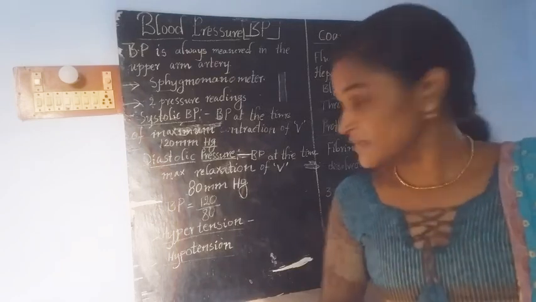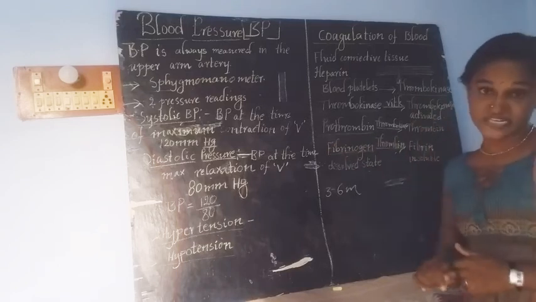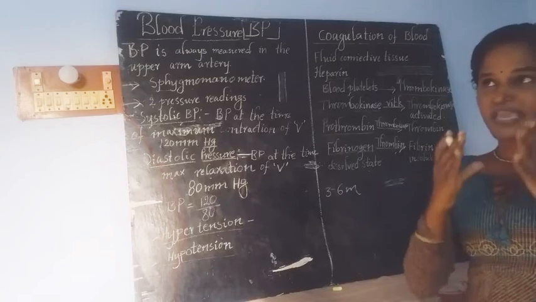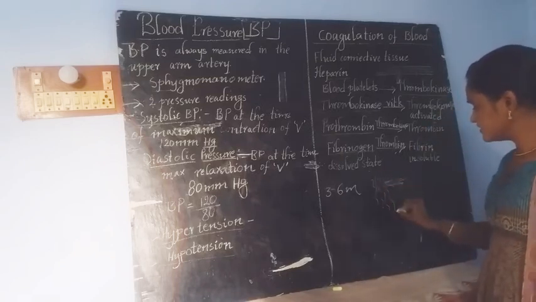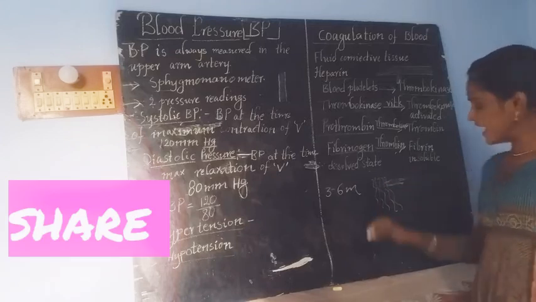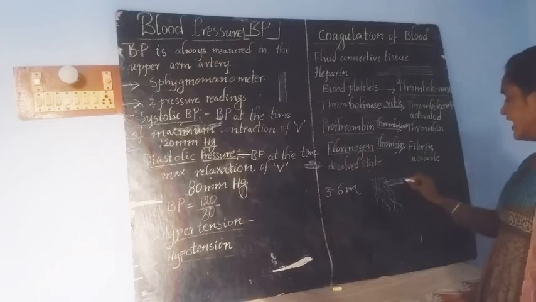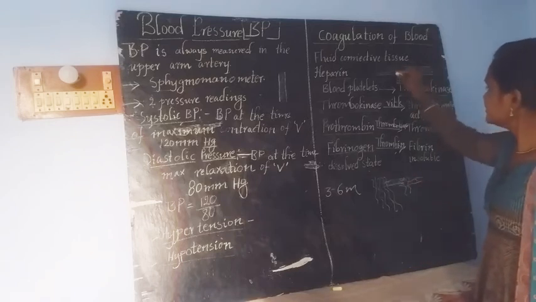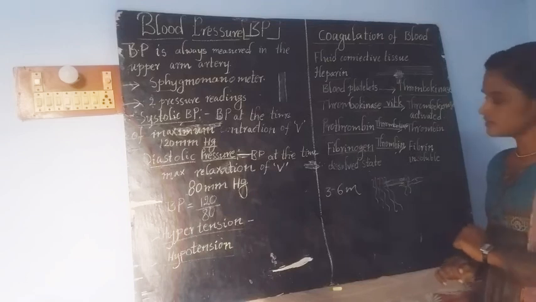In the presence of thrombin, this fibrinogen turns into fibrin, which is in an insoluble state and appears like fibers. These fibers of fibrin entangle with each other near the injury and form a clot.